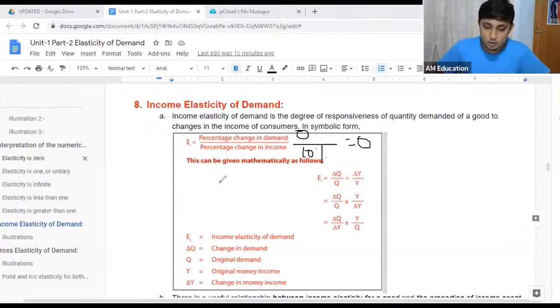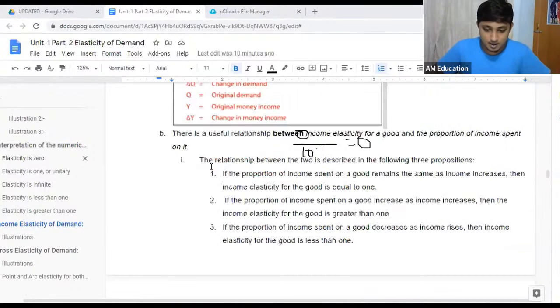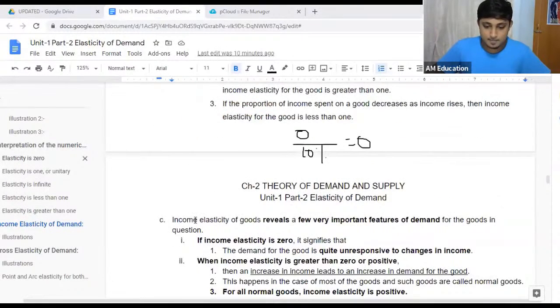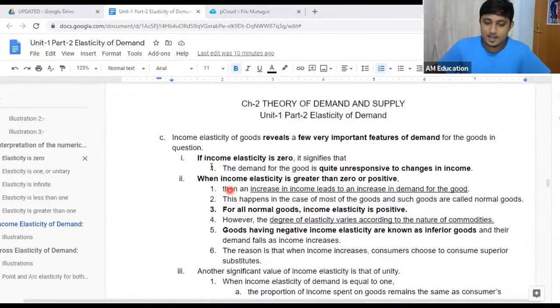But what does that have to do with this thing? See, if the income elasticity is 0, it signifies that the demand for the good is quite unresponsive to changes in income, right?